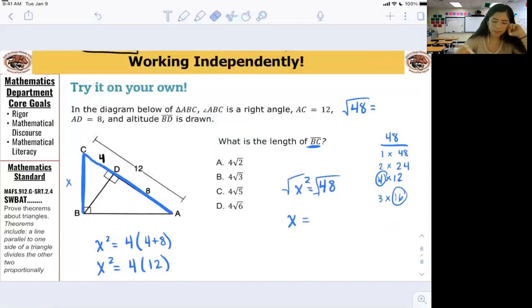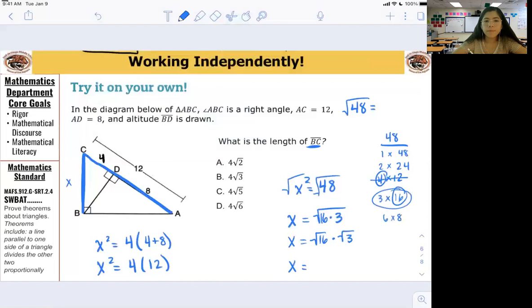Okay, didn't think so. 6 is a factor, but it's not a perfect square. So 4 works, but it's not the biggest one, so we're going to go with 16 times 3. What's the square root of 16? 4. We got 4 root 3.